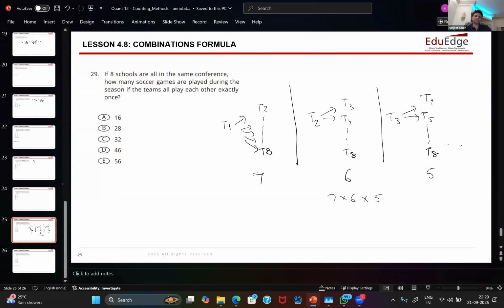So your 7 matches will be played, your 6 will be played. So it's not going to be multiplication. These are number of matches, right? And we are finding out how many combinations here, then how many here, so these have to be added. So 7 plus 6 plus 5 plus 4 plus 3 plus 2 is the answer.